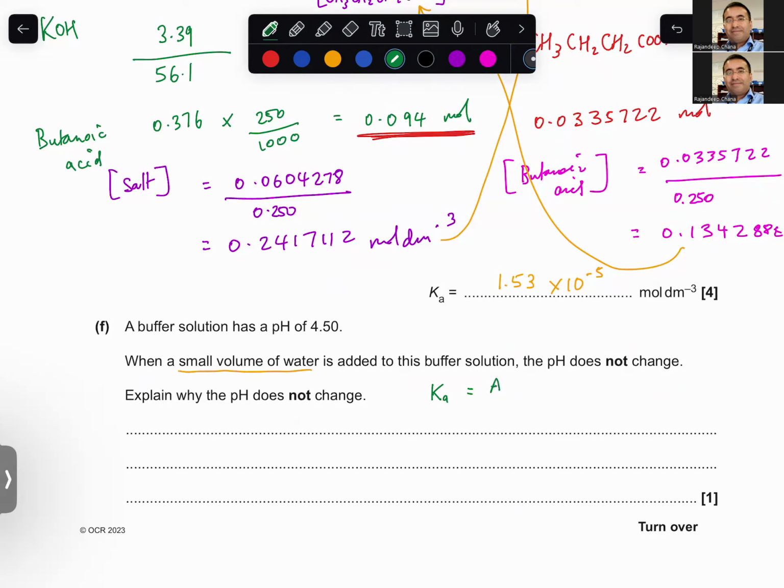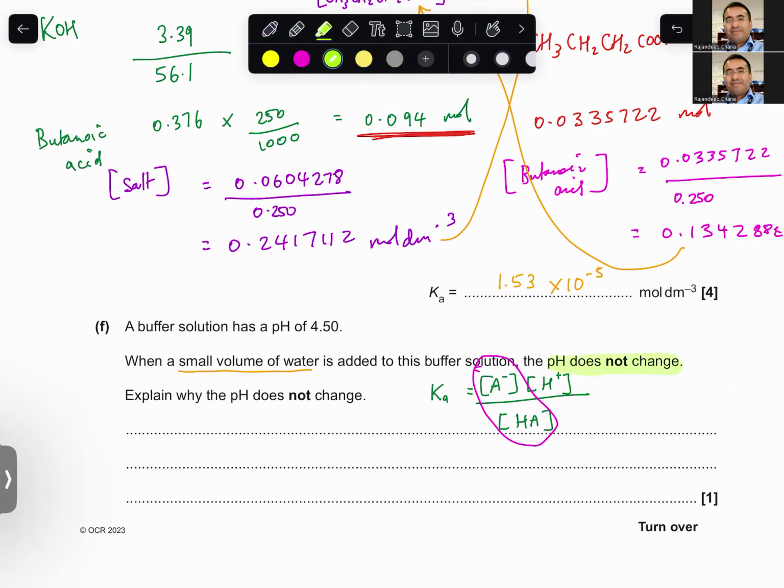And you see the conjugate base ion, A-, and the concentration of the weak acid, they both get diluted by the same amount when you add water. Because they get diluted by the same amount, their concentrations are the same, and therefore the concentration of the H+ will also be the same. So the pH does not change.